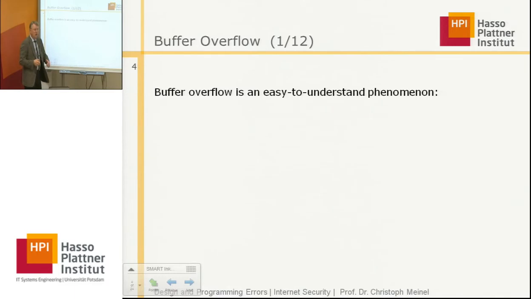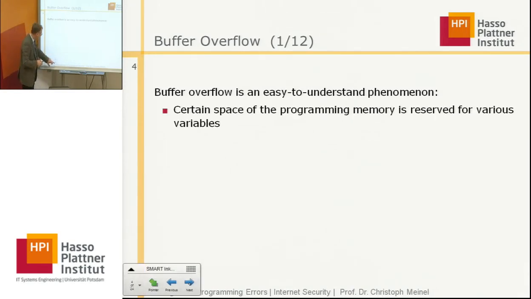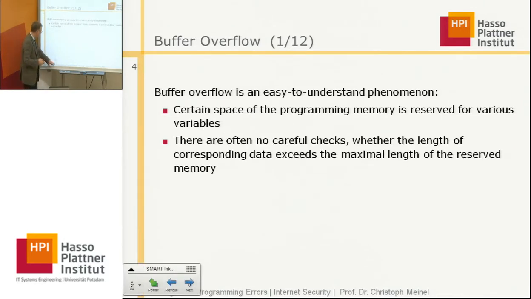The buffer overflow is quite easy to understand. To perform it in a sophisticated way is very difficult. The basic idea is that a certain space of the programming memory is reserved for various variables that are used and where data are assigned during the computation.